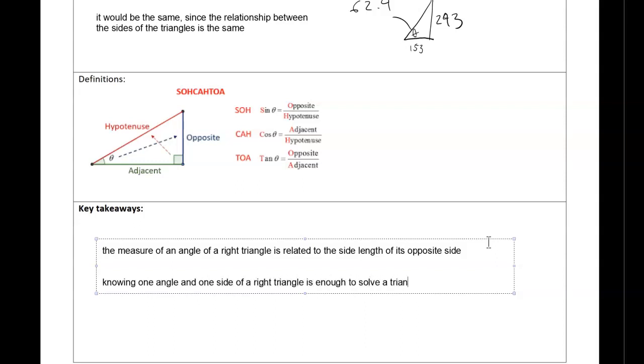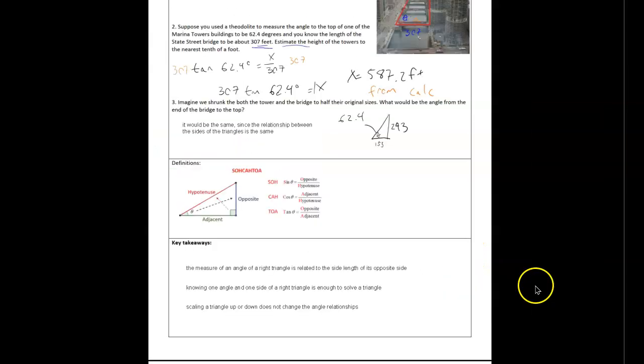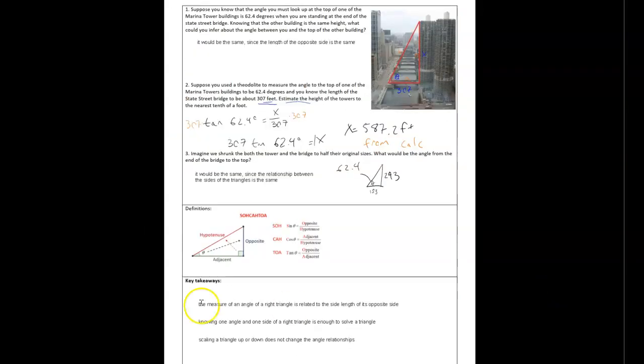The second is all I need to know is an angle and a side of a right triangle, and I can get all the rest of the measures I need just by SOHCAHTOA algebra. And then the last thing here, question number 3, is that scaling a triangle up or down does not change the angles.